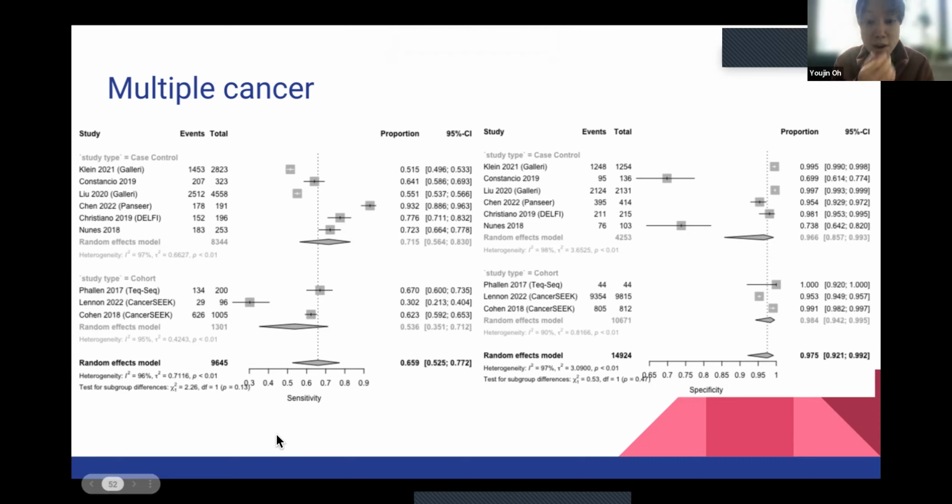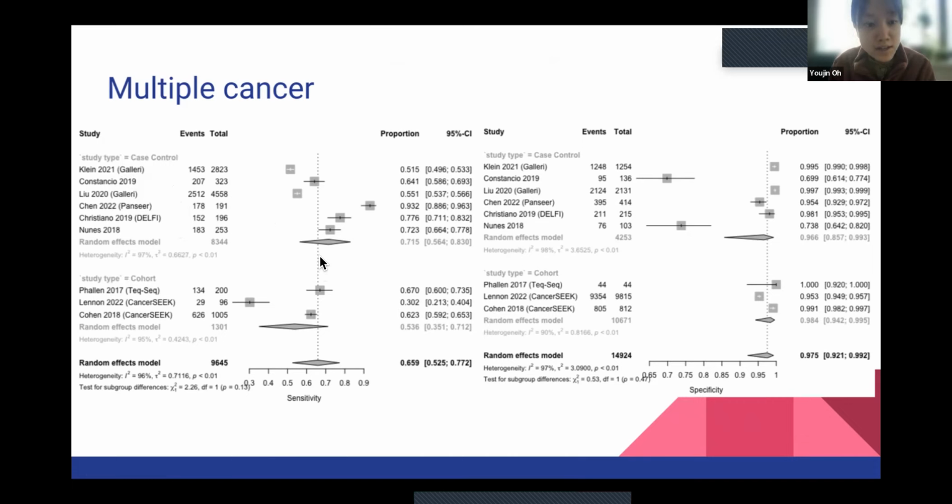Yes, so in R, they let us pull up sensitivity and specificity separately. And I classified the studies based on study type, like case-control and cohort.